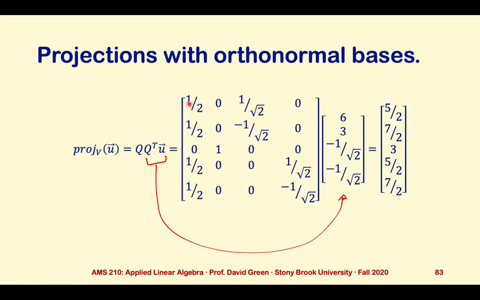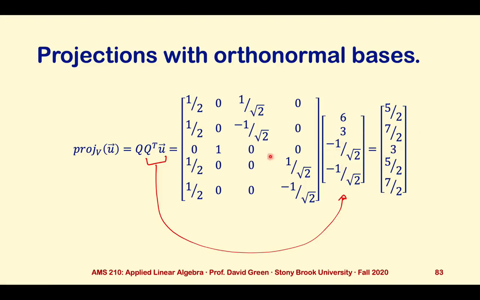Again, evaluate the product. Half times 6 is 3, plus 0 minus 1/2, because 1 over root 2 times 1 over root 2 is 1/2, gives us 3 minus 1/2, or 5/2. For our second entry, we get 3 plus 0 plus 1/2, or 7/2. For our third entry, we have 0 plus 3 plus 0 plus 0, 3.